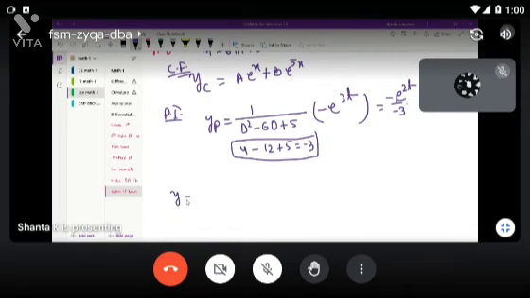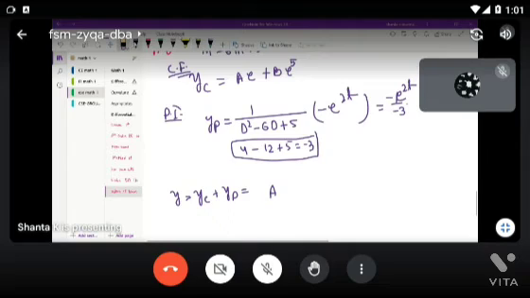Then the general solution y will be yc plus yp. If you want, you can write it. A e to the power, okay, I have written x here, this is the variable t. In some books you will find that instead of y1, y2, they consider x and y as the dependent variables and t as the independent variable.